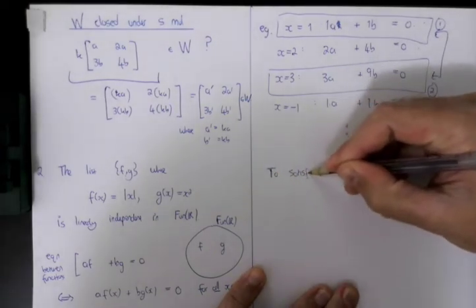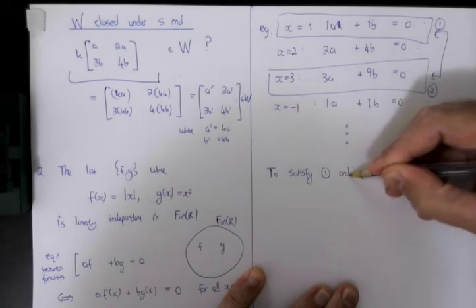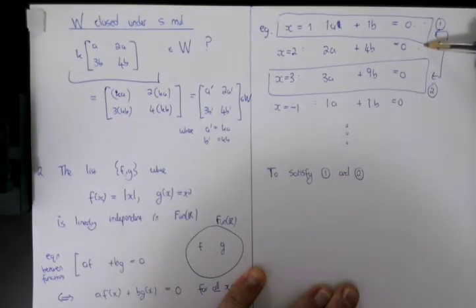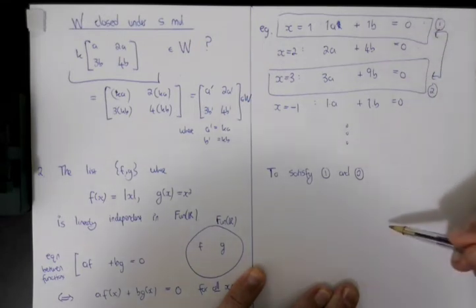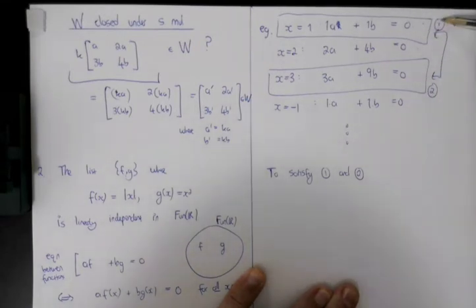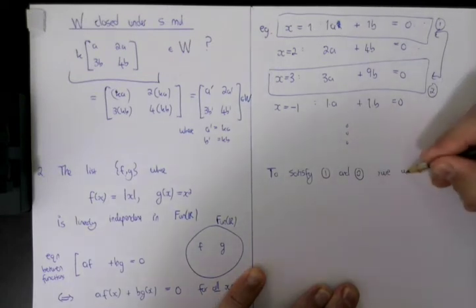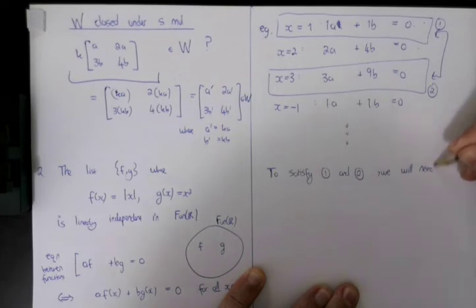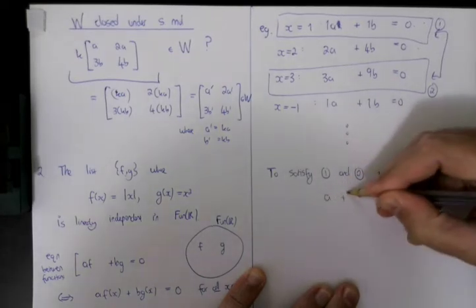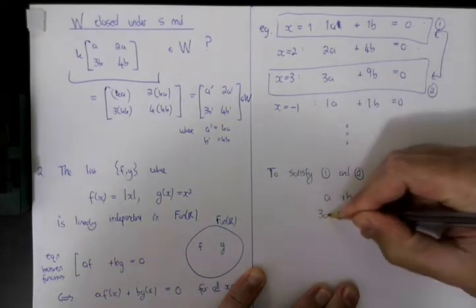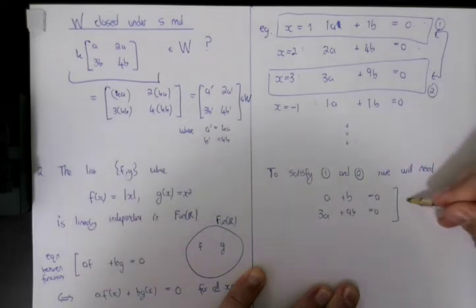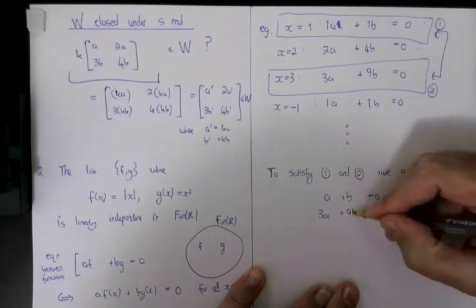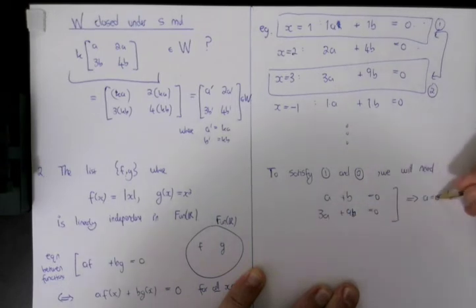To satisfy 1 and 2, actually you need to satisfy all these equations, but if you satisfy all these equations, then you definitely satisfy 1 and 2, right? And the only solutions of these 2 equations, as you'll agree with me if you try and solve them, is that a is 0 and b is 0.